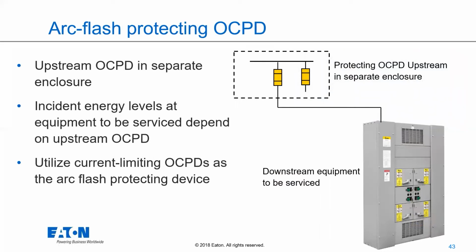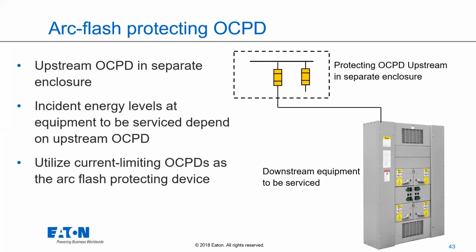Arc flash protecting overcurrent protected device. Another really good way to reduce your arc flash incident energy is to have a separate upstream enclosure, right? When we talk about arc flash incident energy levels, it's always going to be dependent on what your upstream overcurrent protective device is. It doesn't actually matter what's in that particular piece of equipment.